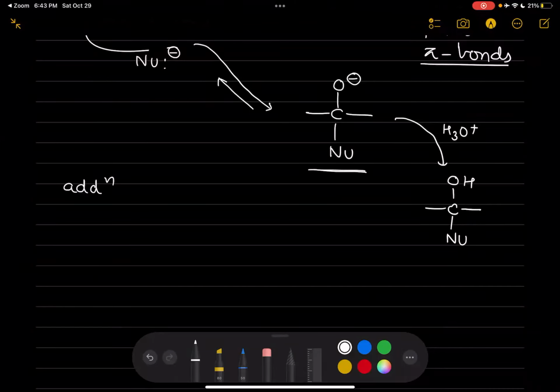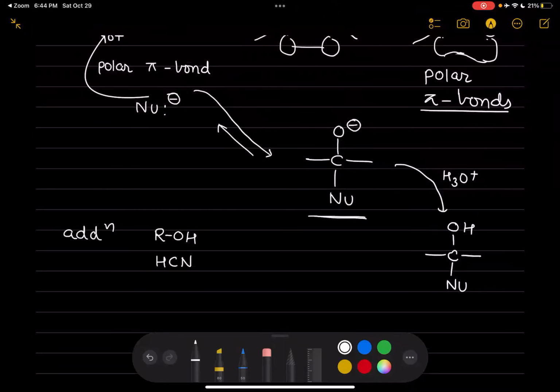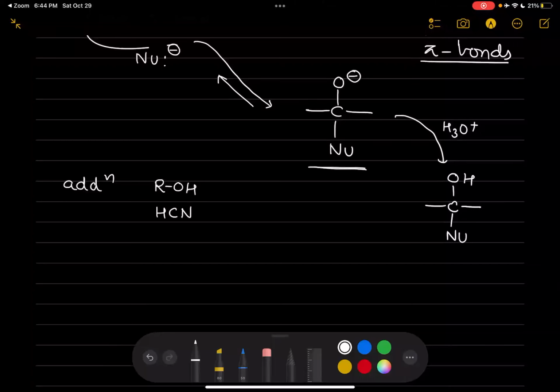So addition of alcohol, addition of water, but water is a very weak nucleophile, so it is not going to add. Addition of HCl. Sodium, just it is going to stay with the negative. Addition of HCN. Actually, what you can do is you can bring in the H later on.